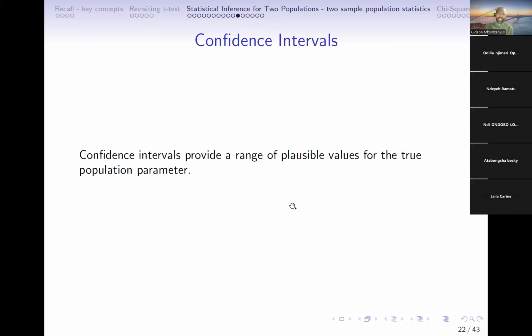It's not that the value is 95% accurate when we say 95% confidence interval, but rather we mean that the probability that the value lies within that interval is 95%.